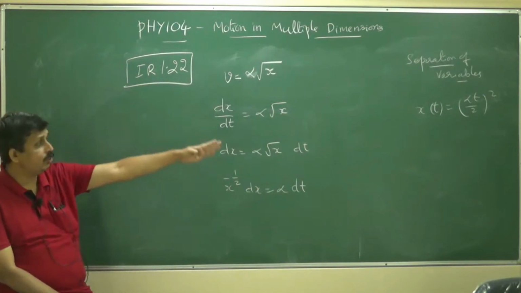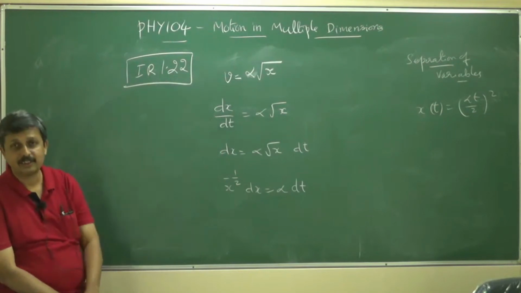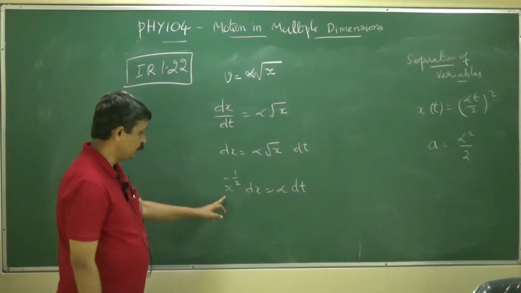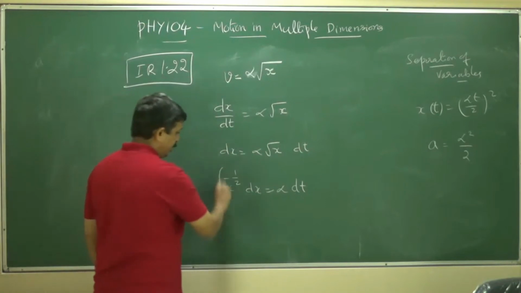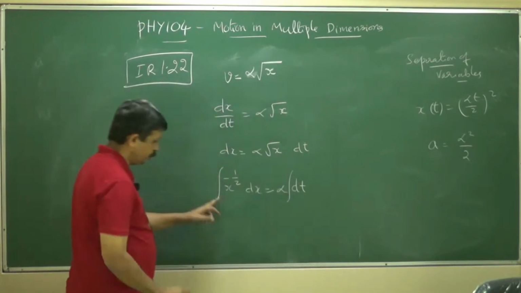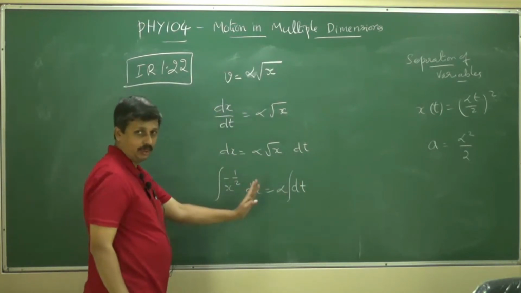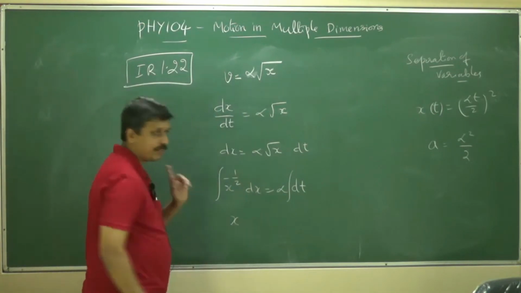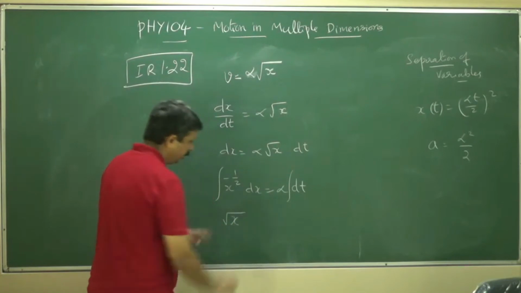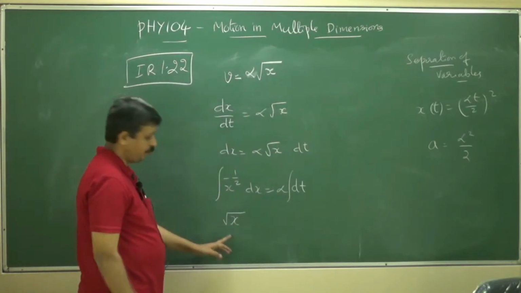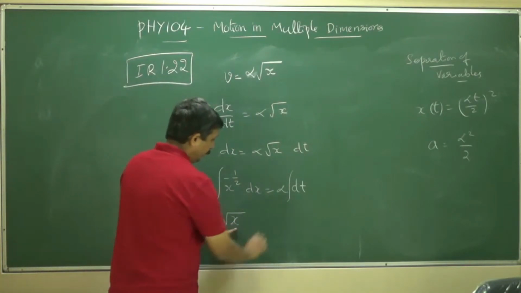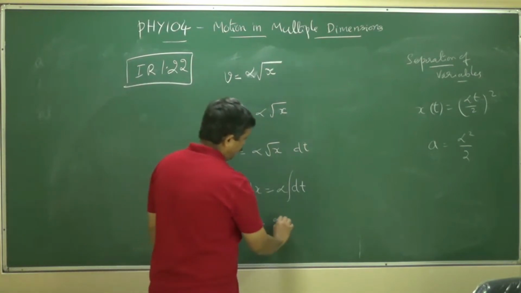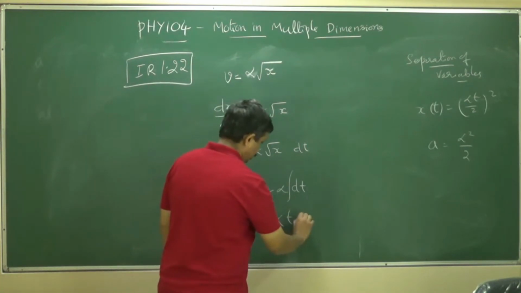In the place of x, you have found out the x. Substitute it. So x to the power of minus half into dx, I integrate both sides. This is basically x to the power of minus half plus 1 divided by minus half plus 1. Minus half plus 1 is basically plus half, which is root x, divided by minus half plus 1, which gives 2 root x, is equal to alpha into t plus c.